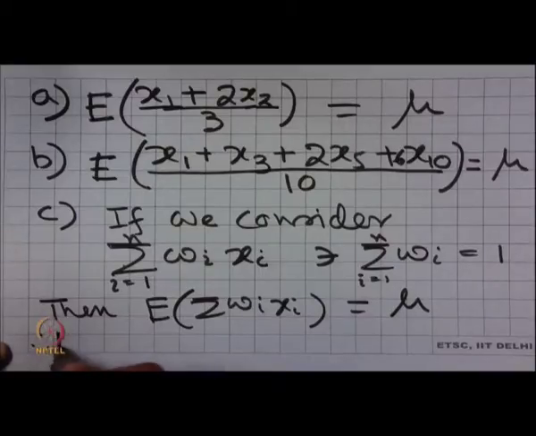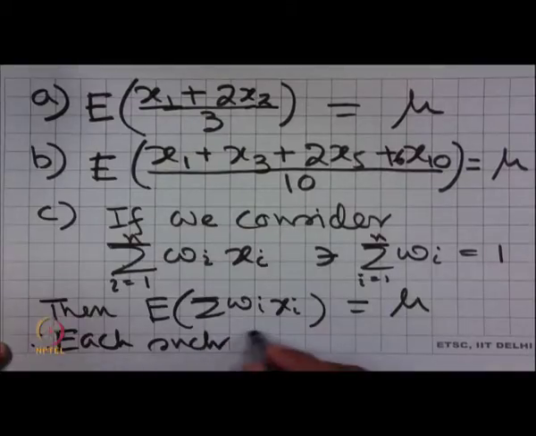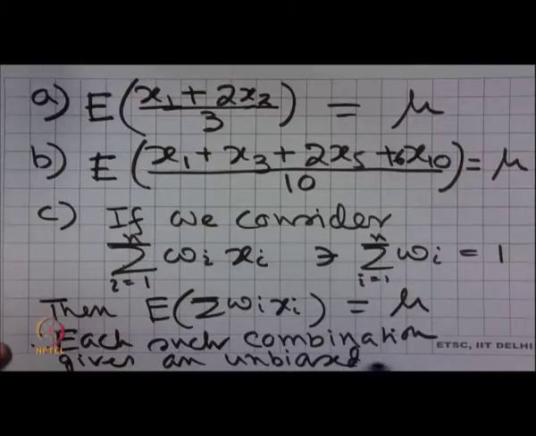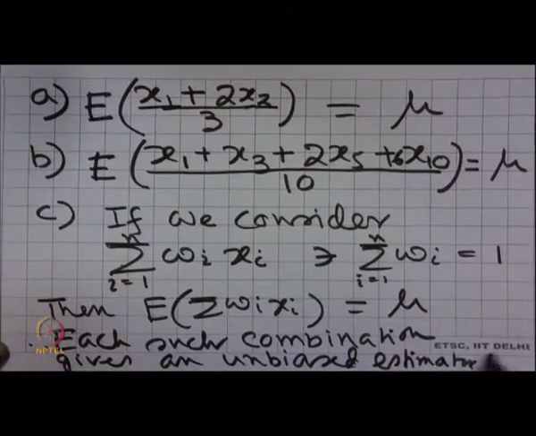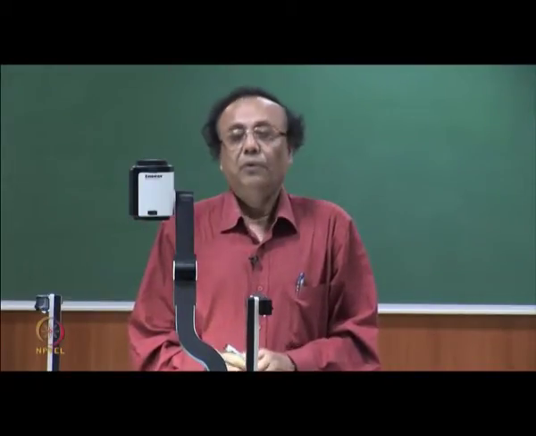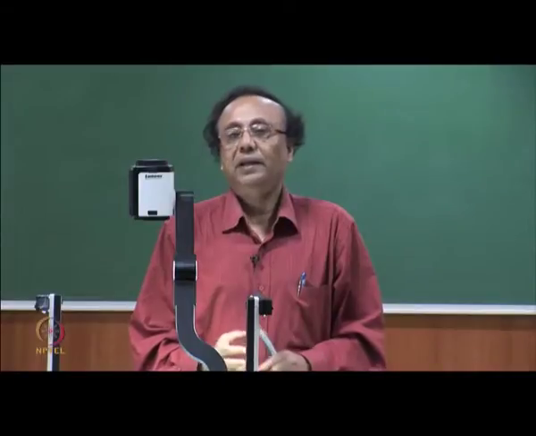Therefore, each such combination gives an unbiased estimator for mu. Thus, we can see we can find many different unbiased estimators.